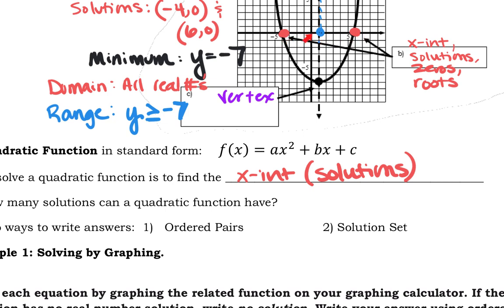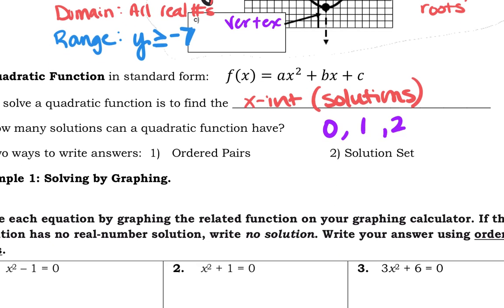How many other solutions could it have? Do you remember what our options were? It was 2. What else was it? I know a break will do this to you guys. It could also be 1. And it could also be 0, right? 0 is not touching the x-axis. 1 is touching the x-axis only once. And then if it touches twice like this one, then there are 2 solutions.